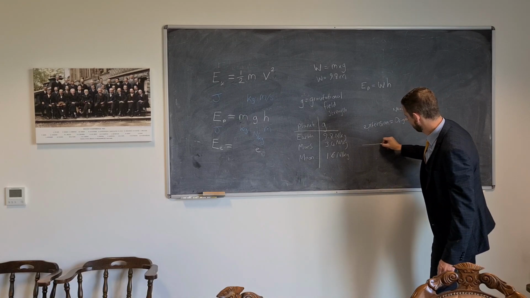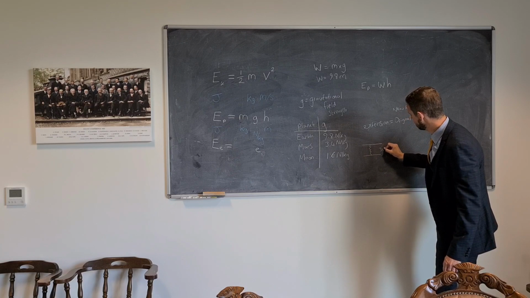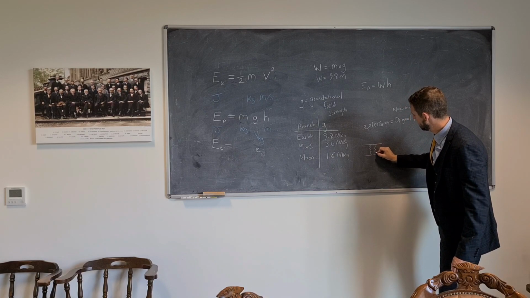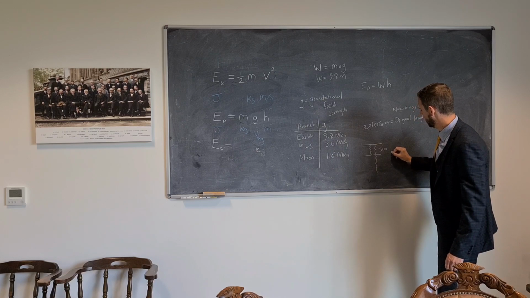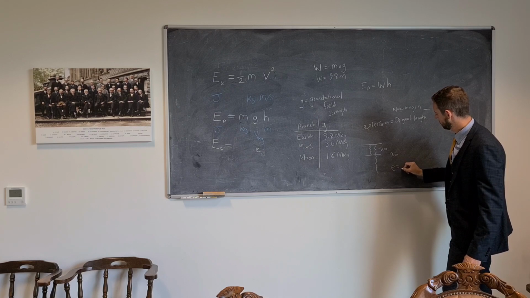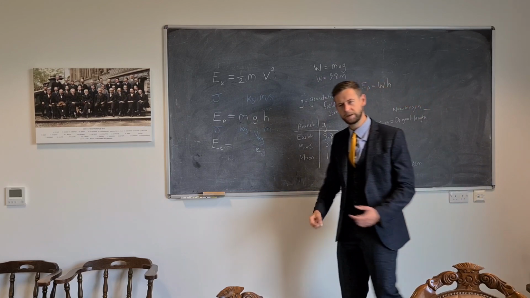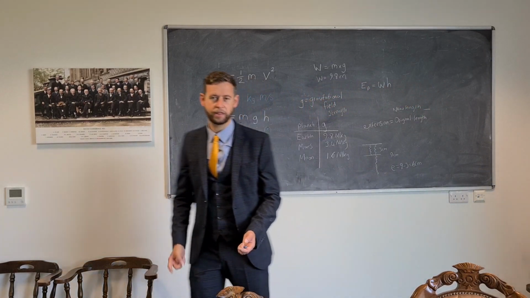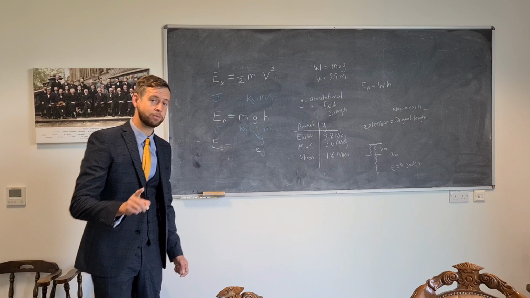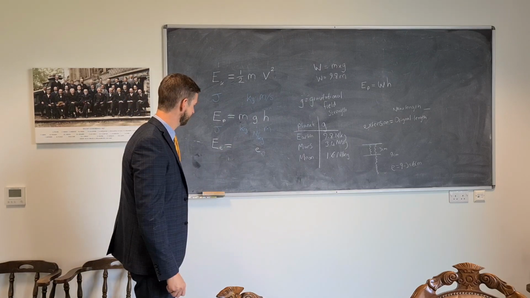So if I had a spring that was already 3 centimetres and I extended it so that its total length was now 9 centimetres, you can see that my extension would be equal to 9 minus 3, which is equal to 6 centimetres. It is how far it is stretched beyond its original length. That is the extension. And that is what is important when we talk about elastic potential energy.